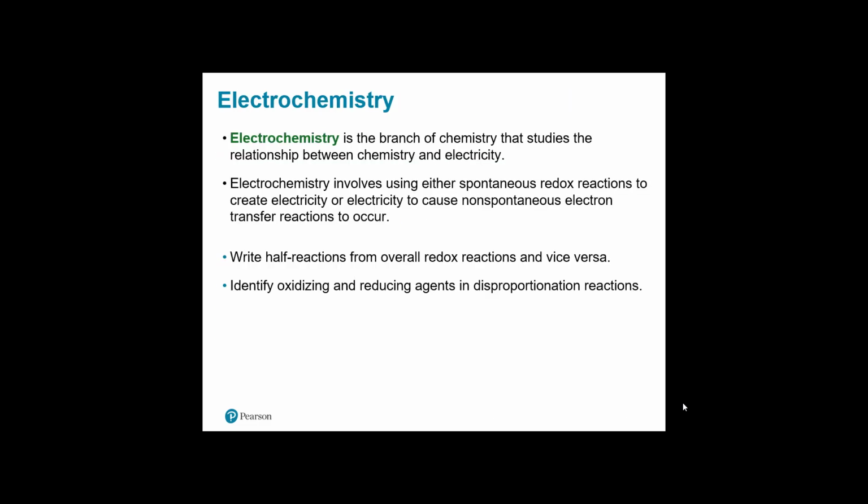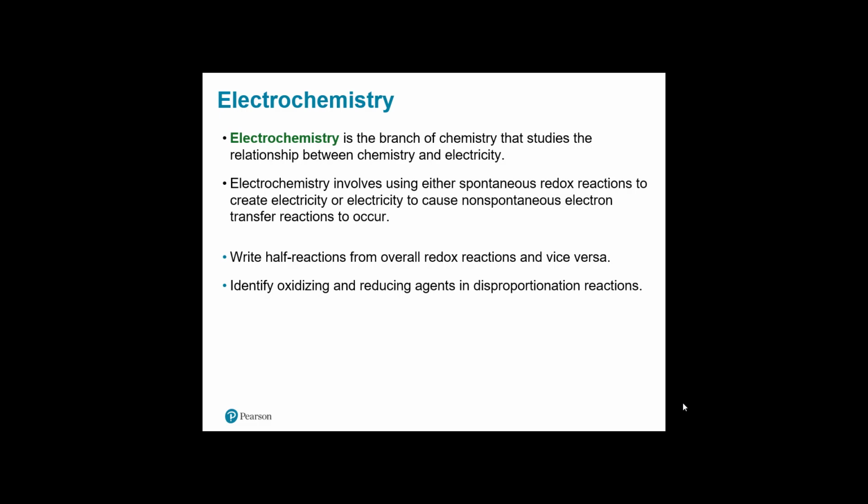Okay, so electrochemistry is the branch of chemistry that studies relationships between, obviously, chemistry and electricity. That's what this whole section's about. Electrochemistry involves either a spontaneous redox, which is a reduction-oxidation reaction, to create electricity, or electricity to cause non-spontaneous electron transfer reactions to occur. We're going to look at half reactions from an overall redox.